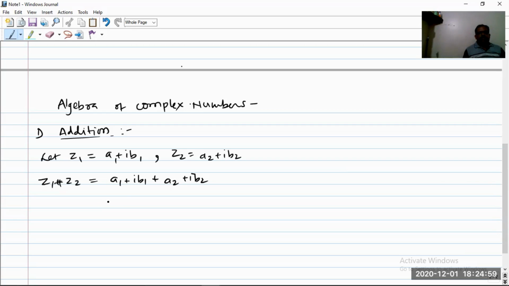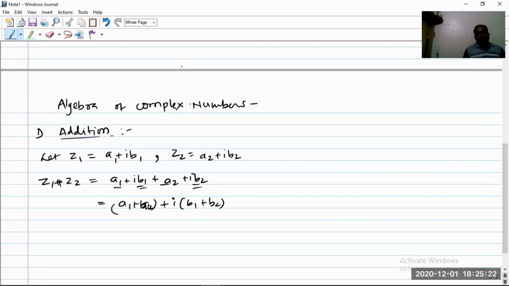We can take the like terms together. Here A1 and A2 are the real parts, so we take them together, A1 plus A2 in one bracket, and the remaining part is the imaginary part, iB1 and iB2. If I take i common, I have B1 plus B2.